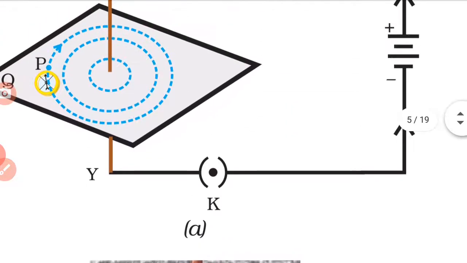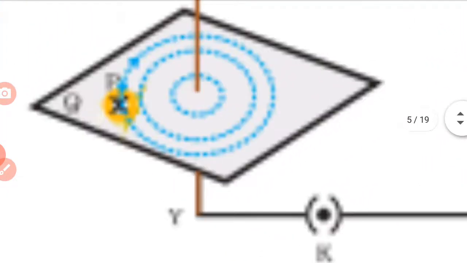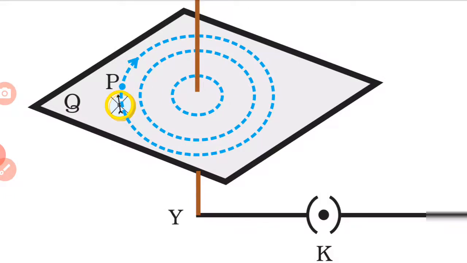If you know the direction of the electric current, you can find the direction of the magnetic field. Place the magnetic needle near some point P. The direction in which the north pole of the magnetic needle points indicates the direction of the magnetic field lines. Now on reversing the direction of electric current, you will see that the direction of the needle placed at point P is also reversed.